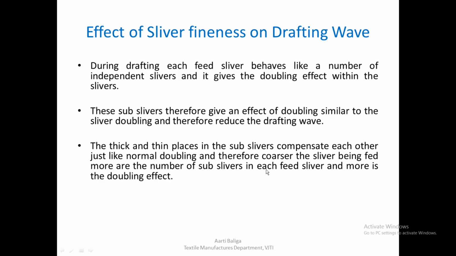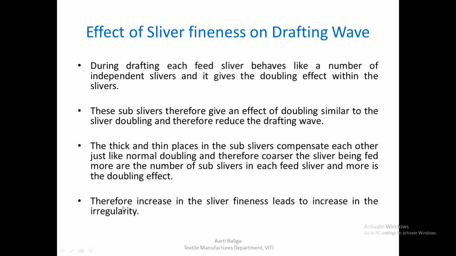So as you can see, coarser the sliver that we feed, lesser is the variation because of the doubling effect. Therefore, increase in the sliver fineness leads to increase in the irregularity. So finer slivers would give you a higher drafting wave, or greater irregularity in the output sliver.